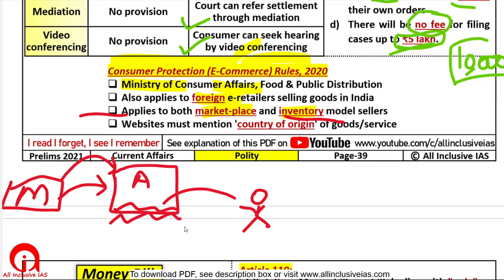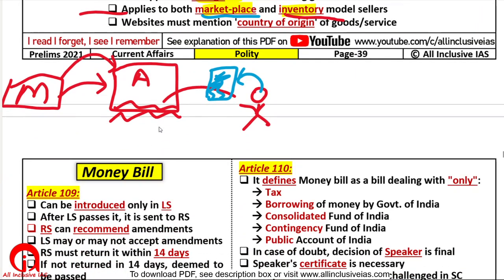Another model is that Amazon is just a website. Now we will see the marketplace model. This is your internet. You open Amazon's website. Amazon is just a website connected to many suppliers. There are thousands of suppliers in the market.